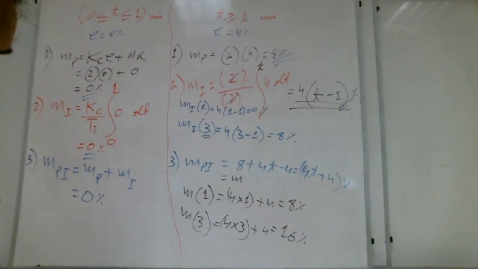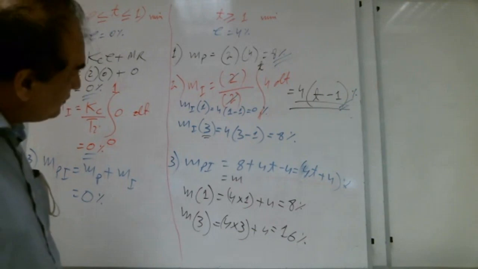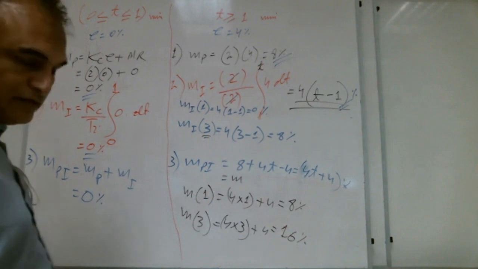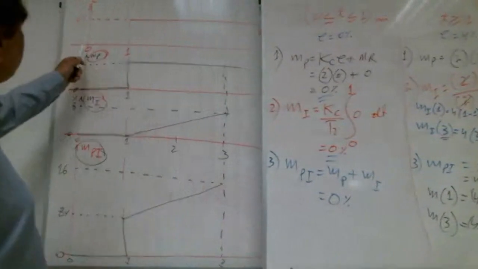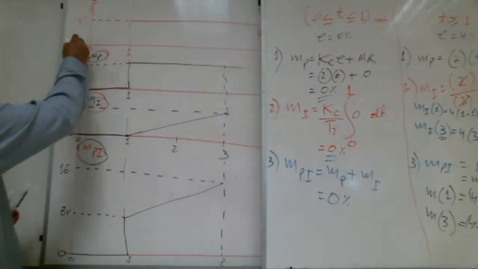I have a confusion, teacher. Yes, please ask. If T is between 0 and 1, in the first part, why do we get error 0? See here, that's what is given. Error is 0 here, and this is 4.